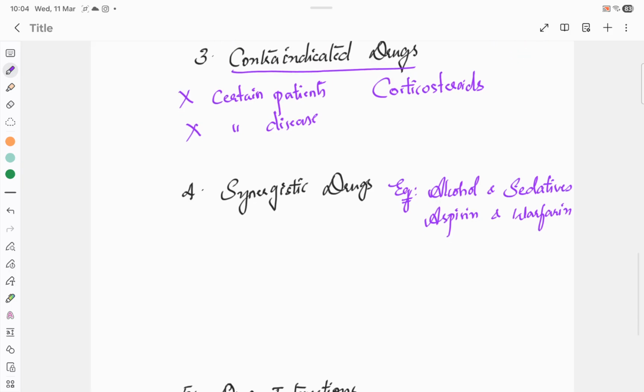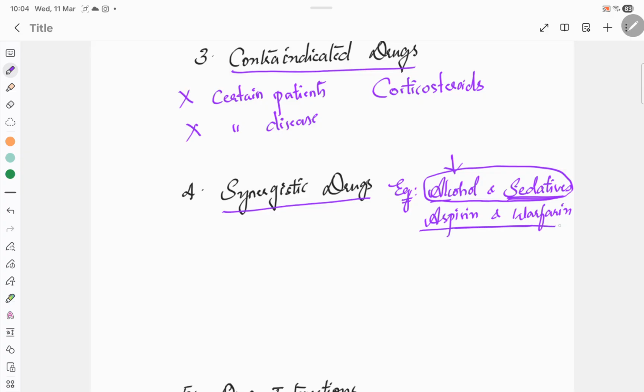And then synergistic drugs. Synergistic drugs are those where, when two drugs are combined together, the actual effect that they show may be increased. For example, when alcohol and sedatives are given together, sedatives already cause drowsiness, and when associated with alcohol, there is even more drowsiness.